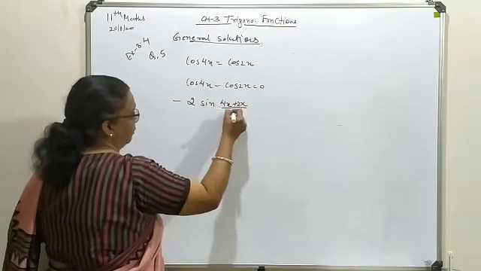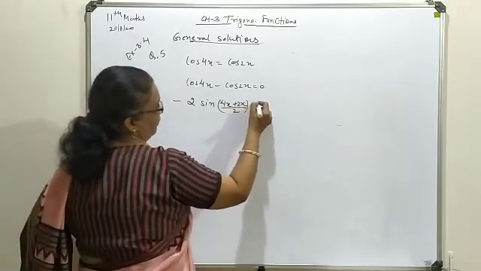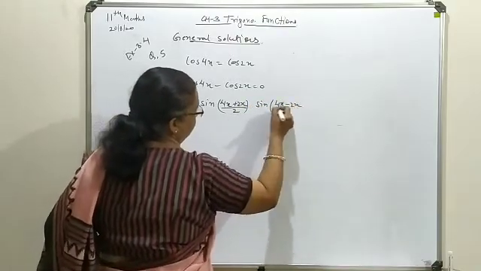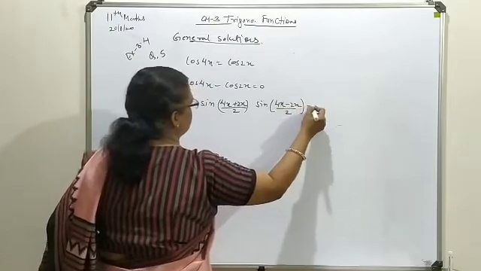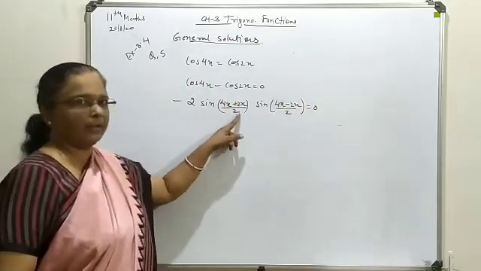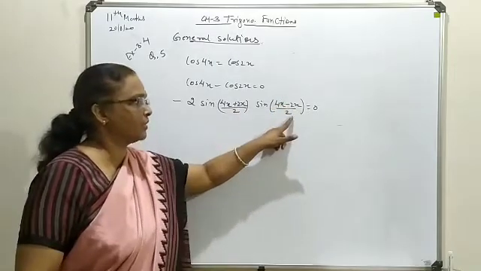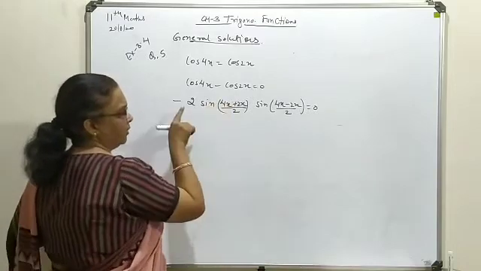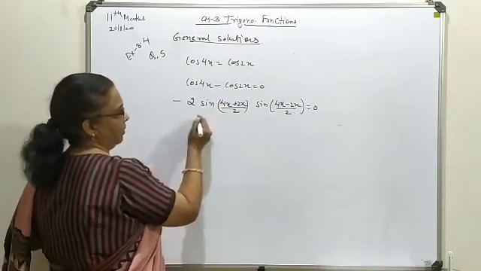Now I hope the formulas are clear to you. So now I am not going to write the formula form, direct application I am doing. Minus 2 sin (x plus y) by 2 sin (x minus y) by 2. Make them short. Negative you can avoid. This 2 also you can avoid, 2 is not equal to 0.